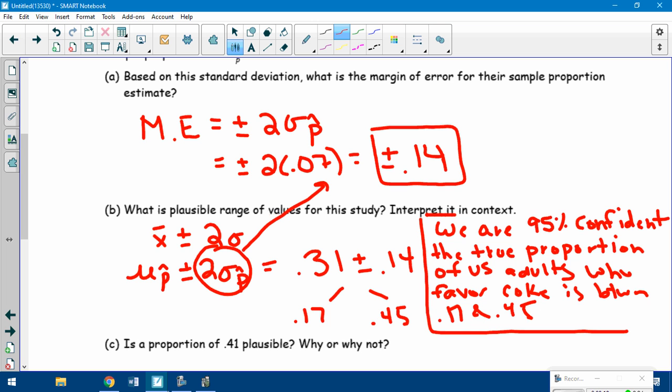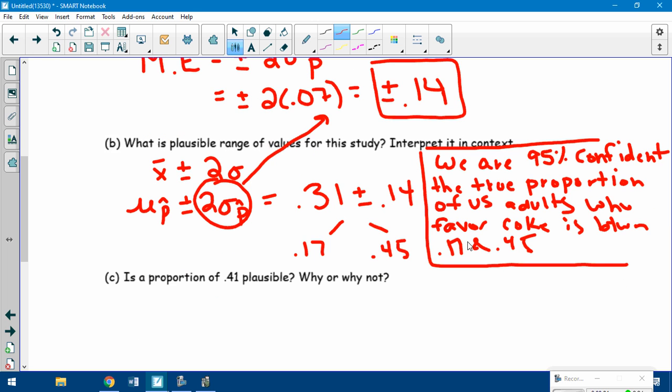Again, it's kind of a big range. If you say 17% of the population prefers something versus 45%, that's a big disparity here. How could I make this smaller? With a larger sample size.